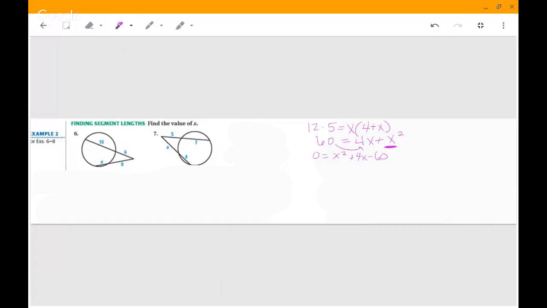All right. So quadratic formula is negative b plus or minus square root of b squared minus 4ac over 2a. Sorry, that b's kind of goofy there in the middle. But that's the formula.